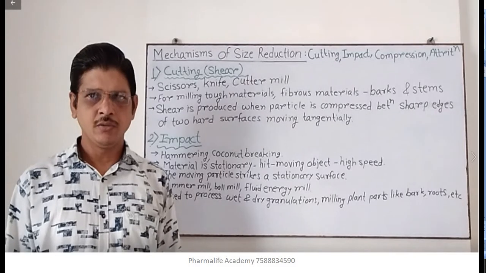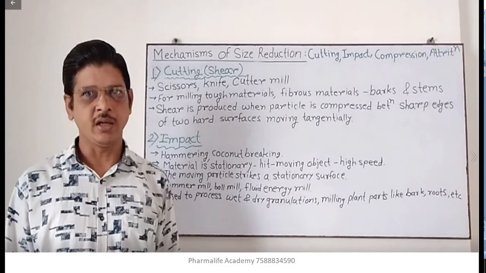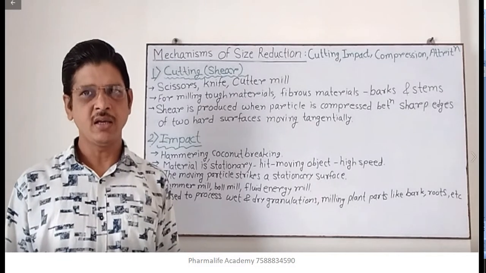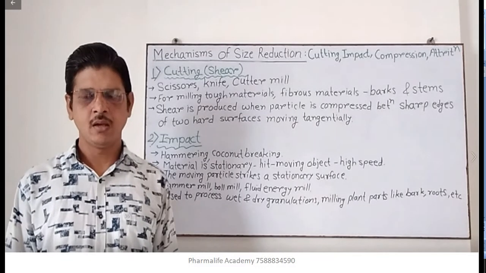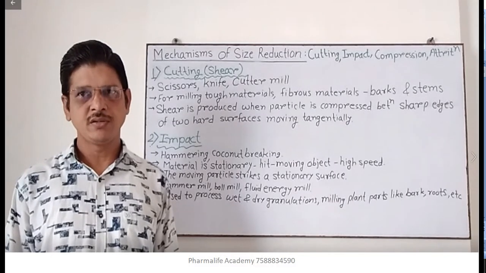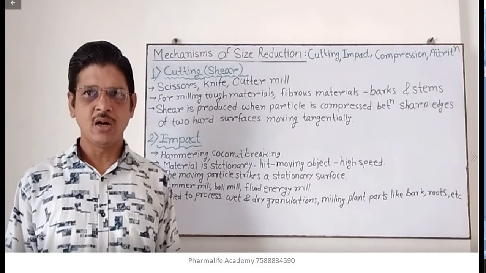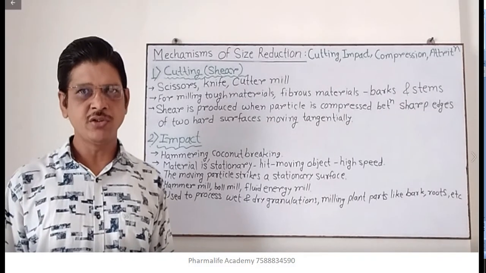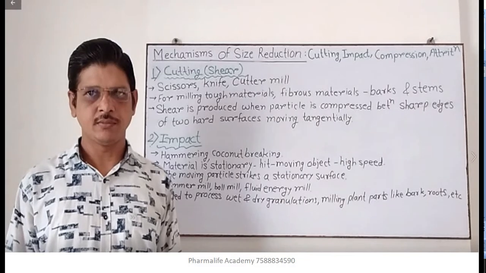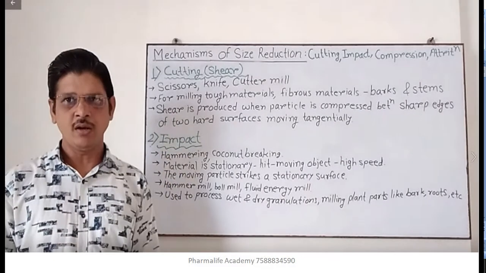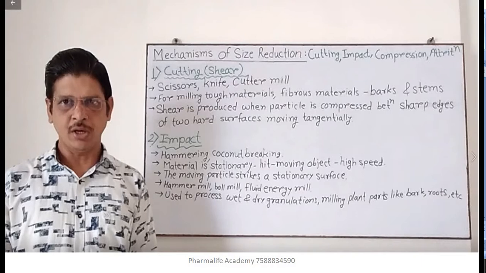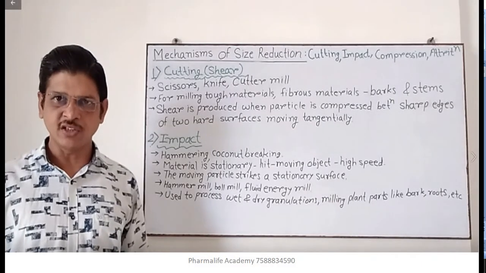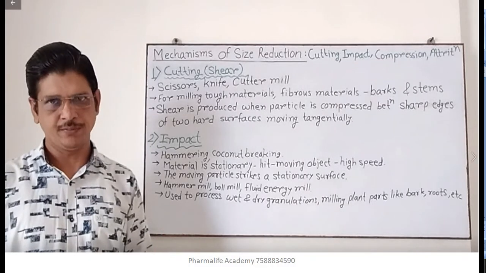Paper cutting, vegetable cutting, hair cutting are examples of size reduction by cutting mechanism. We use a knife or scissors as a tool for cutting in our everyday life. A cutter mill is used in pharmaceutical industries. Shear is produced when a particle is compressed between sharp edges of two hard surfaces moving tangentially.